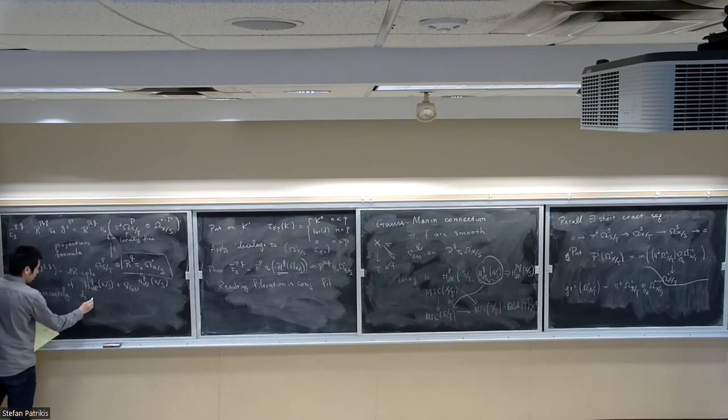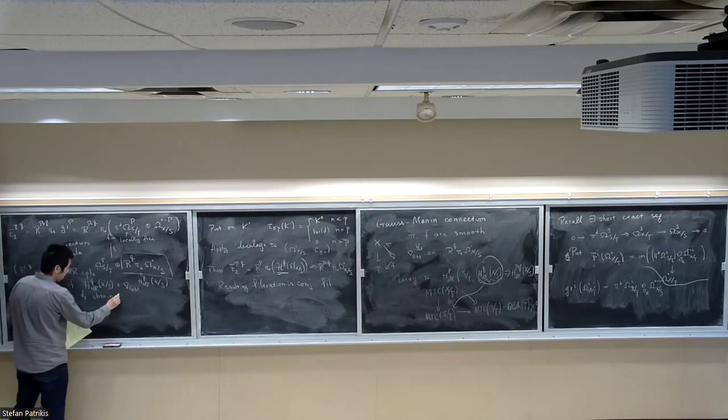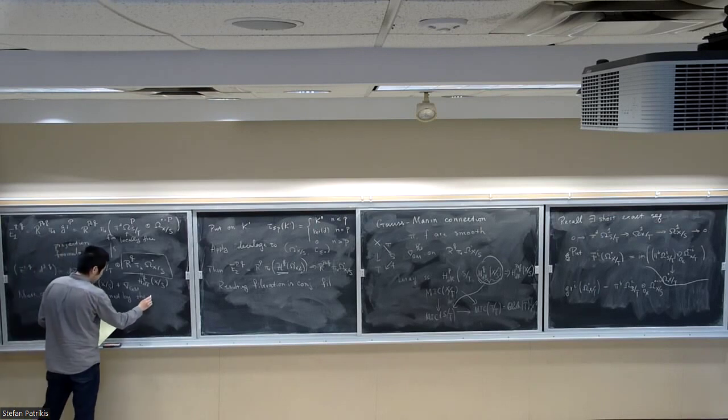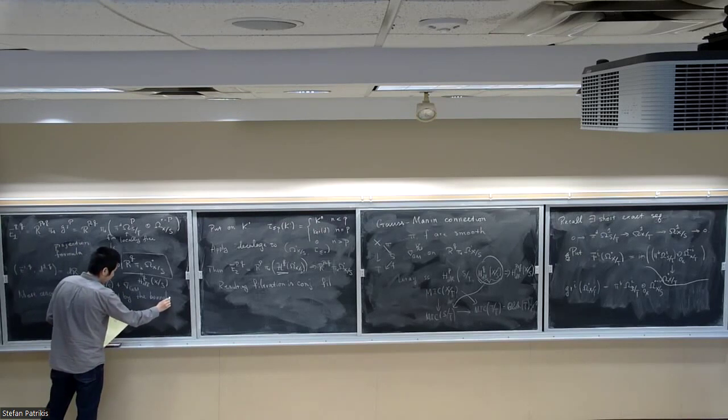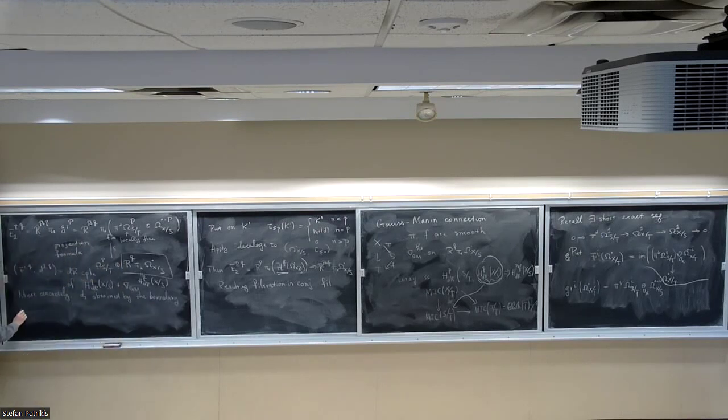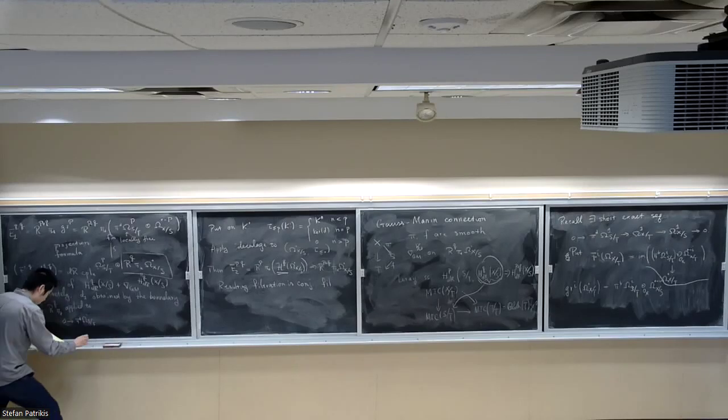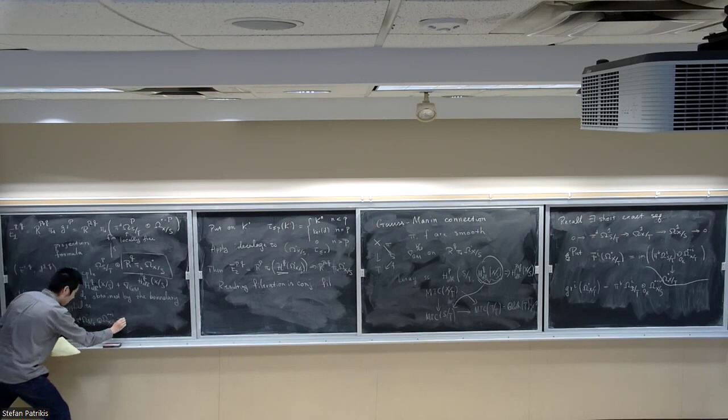So this d1 is obtained by the boundary map of R^q pi lower star applied to the following short exact sequence. 0 goes to pi upper star omega 1 S over T tensor with omega q minus 1 X over S to something.